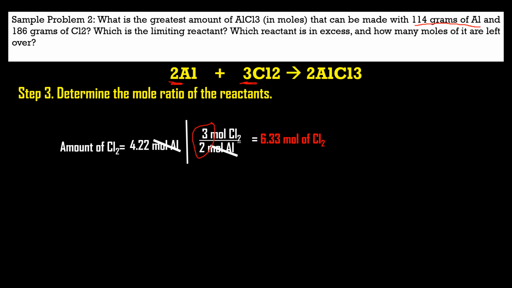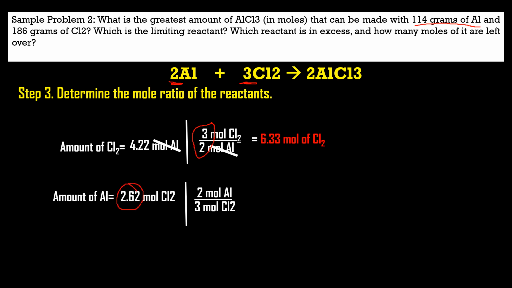How about for aluminum? For the amount of aluminum, we will be using the following values. 2.62 moles of Cl2, multiply it by 2 moles of aluminum, divide it by 3 moles of Cl2. The 2.62 moles of Cl2 is actually the converted moles coming from the grams of Cl2 which is indicated in the problem. And we can get 2.62 moles from step number 2 of this procedure. How about the 2 moles of aluminum and the 3 moles of Cl2?